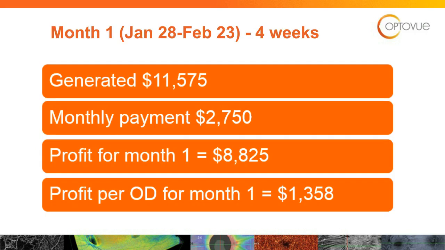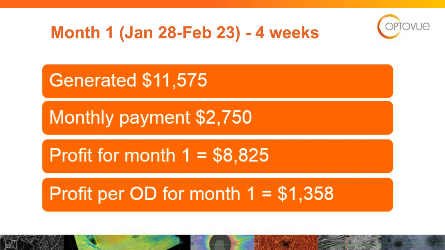and I was amazed at how much pathology we saw that we would not have seen otherwise. We saw a lot of epiretinal membranes. We saw some cases of glaucoma, but here's some numbers that we generated. First month that we did it, we generated an additional $11,575.